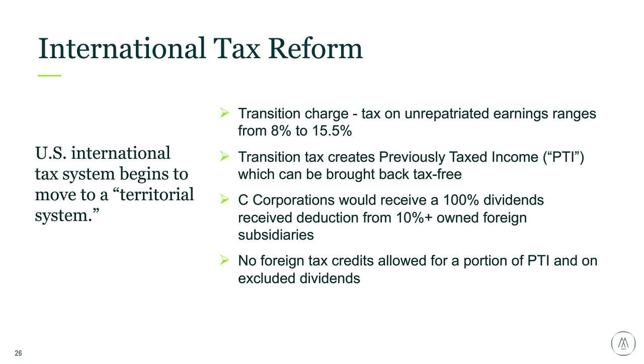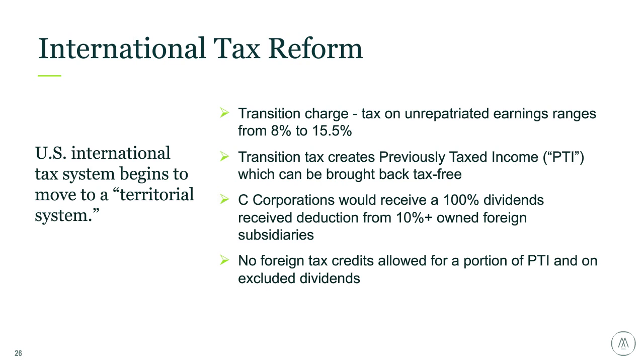If you're an S corporation, your shareholders can make an election to defer paying the tax. Everybody has the opportunity to pay the tax over 8 installments, but S corporation shareholders can actually elect to defer when that 8-year period starts.